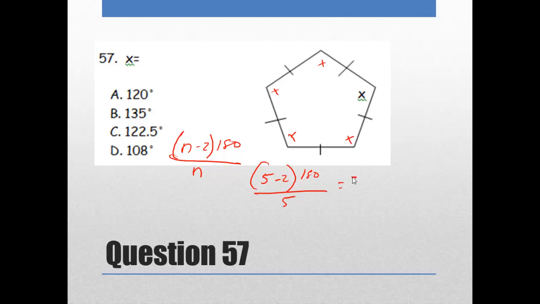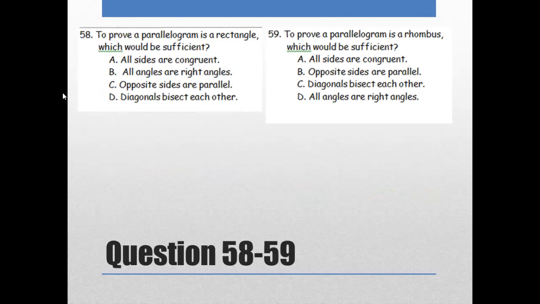So we got 3 times 180 over 5. So it's going to be 540 divided by 5, which I believe is going to be D, 108. Again, this is on your reference sheet.